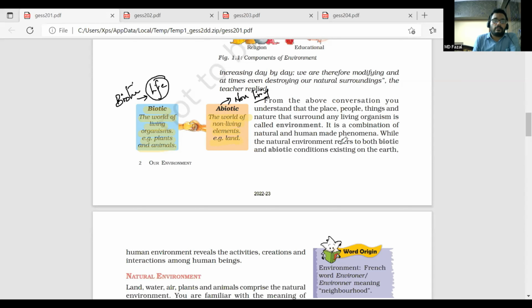Now if I take environment, it is nothing but a combination of natural and human-made phenomena, while the natural environment refers to the biotic and abiotic conditions living on the earth. See, in the earlier exam he has given a few examples relating to current affairs, like what is part of abiotic and what is part of biotic.